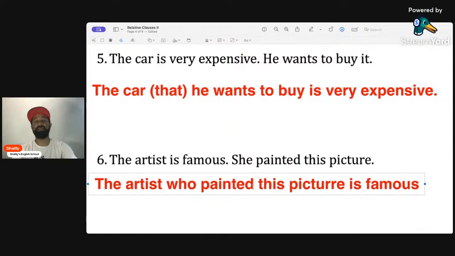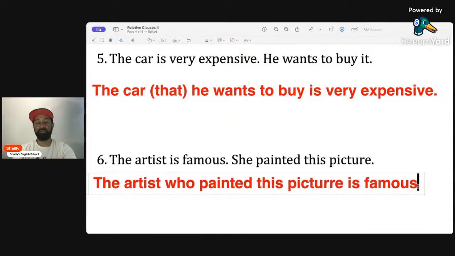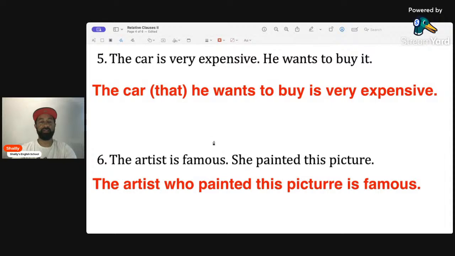In this one, it is necessary to put who, because my next word is a verb. So who followed by a verb. Now, if you look above, because I've got a subject there, then it is not necessary.